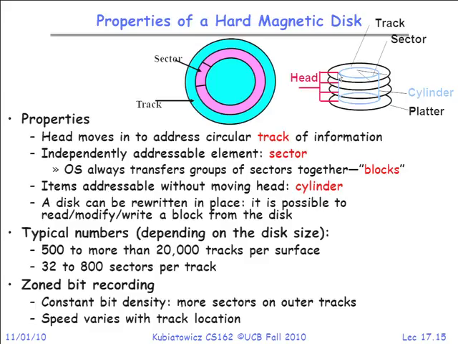So you can only be getting data off of one side of one platter at a time. But if you're reading a bunch of stuff all in a cylinder, it means you can alternate heads without ever moving the actual heads around, and you can get high performance off that way too.